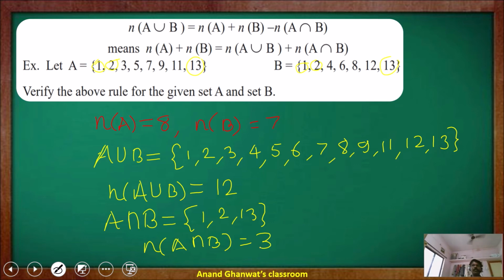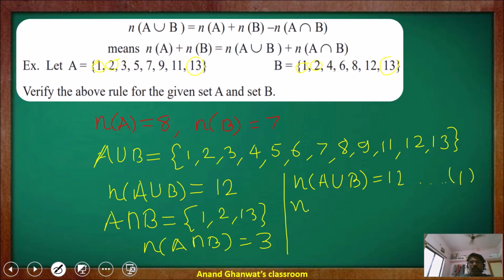So let us verify the rule now. For that, the left hand side is the number of elements in A union B, which is equal to 12. Sentence number 1.